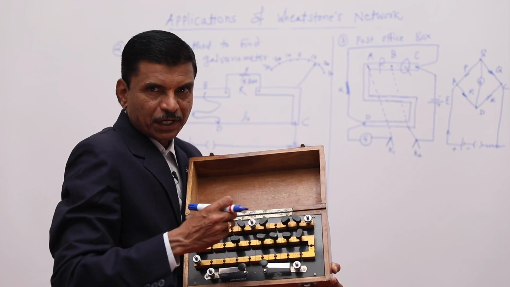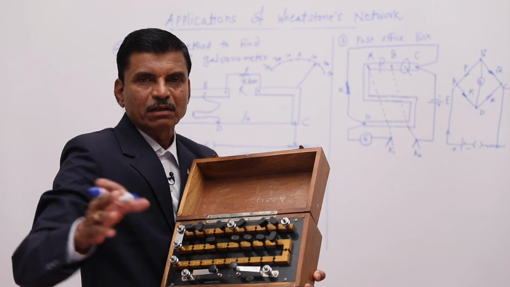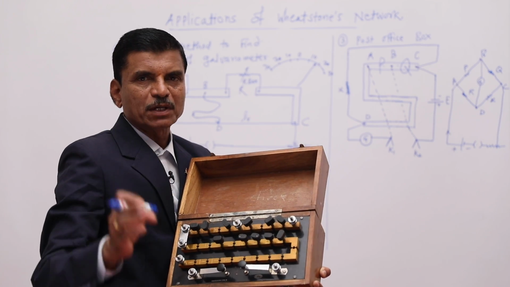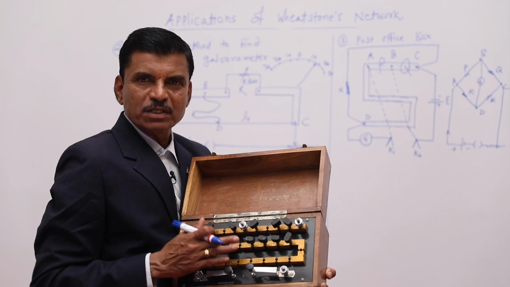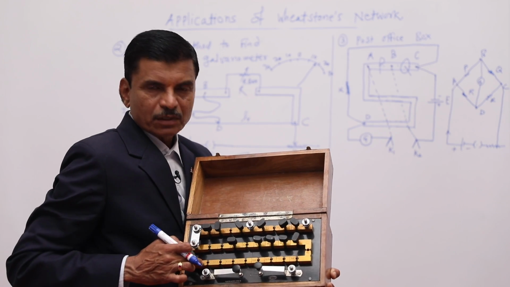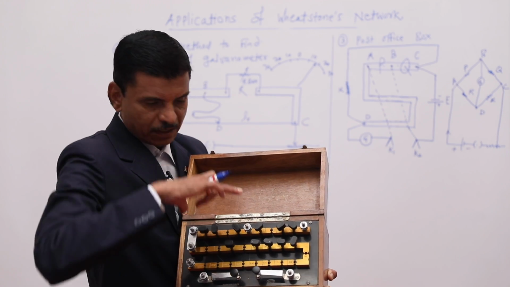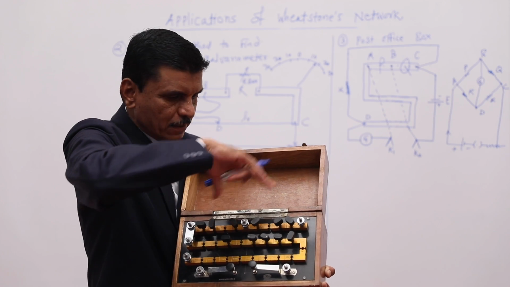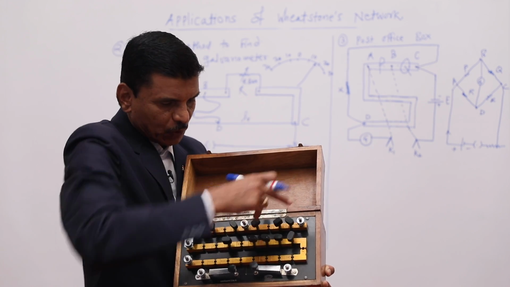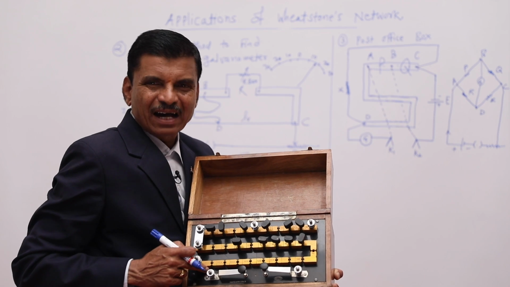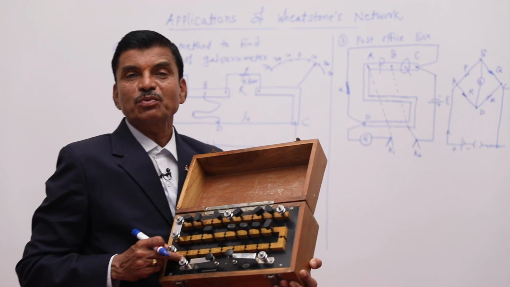Whatever may be the keys open, let us say 10, 20, 30. 3 keys are open. So 10 plus 20 plus 30, 60 ohm is the resistance R. So do you get this? This resistance is P. This resistance is Q. And the total resistance is R. And which resistance do we want to connect?